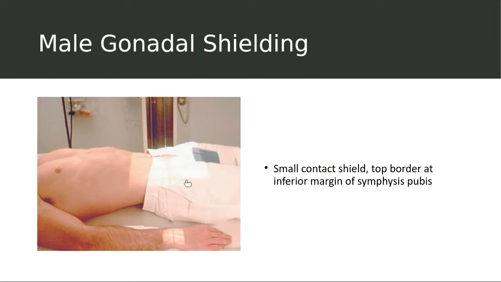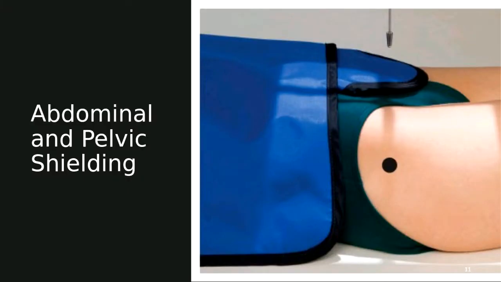Okay. Now, as far as the female patient, they do show you on page 273 that on a female patient, this is telling you for abdominal and pelvic shield, if you were doing the proximal femur to just get the hip joint, and they specifically said they only needed the hip joint, then yes, you could shield like this.